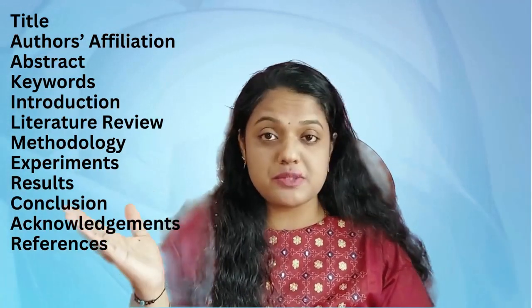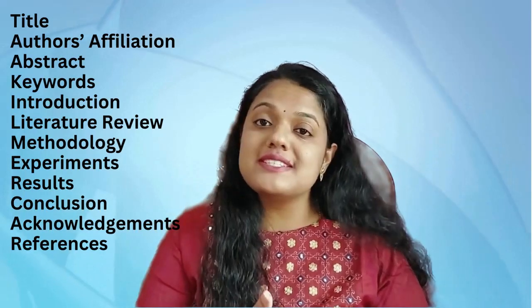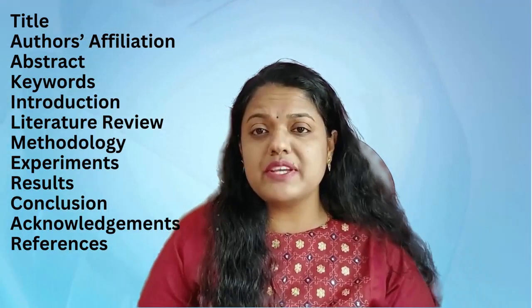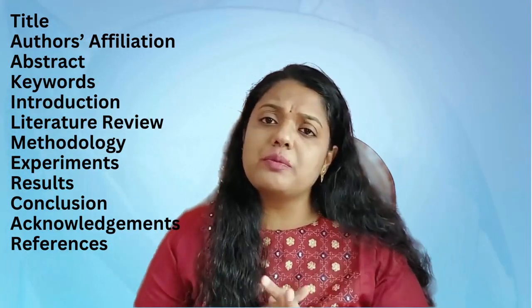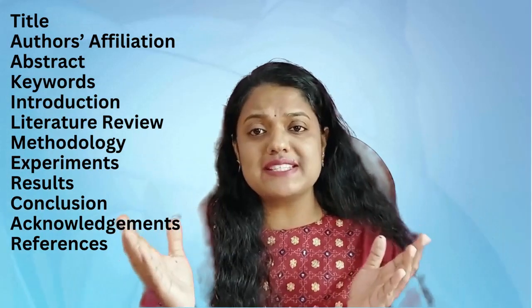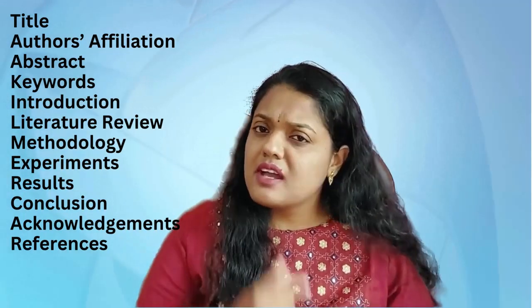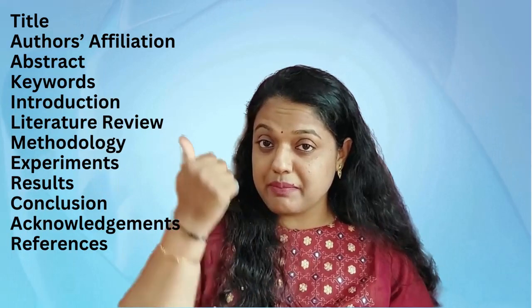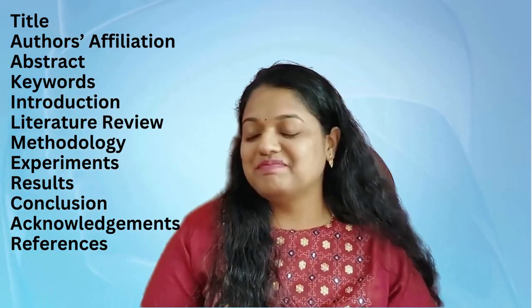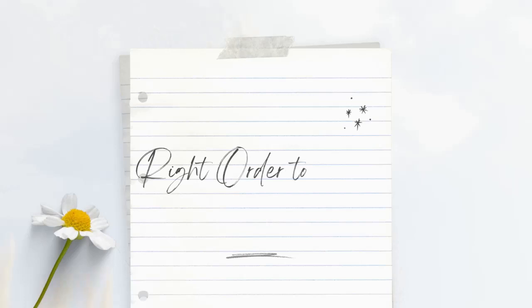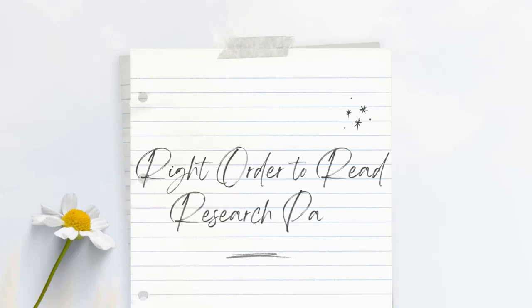Based on the author's preference or due to the journal's expectation, some of the fields would be merged together or you may find some extra fields added. But are we going to read the research paper in this exact order? No.